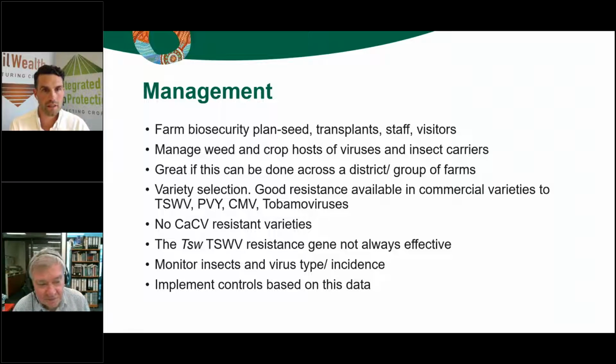Yeah, it's pretty difficult actually, because I think if you look at the symptoms of viruses in not only capsicum but many crops, they're really a combination of mosaics and mottling and stunting, and in quite a few instances you can have more than one virus within a crop. So if you've got a virus problem and you really need to think about how you're going to manage it, the first step is to find out which virus you actually have, and we can do that pretty easily through the testing services which are offered in each state.